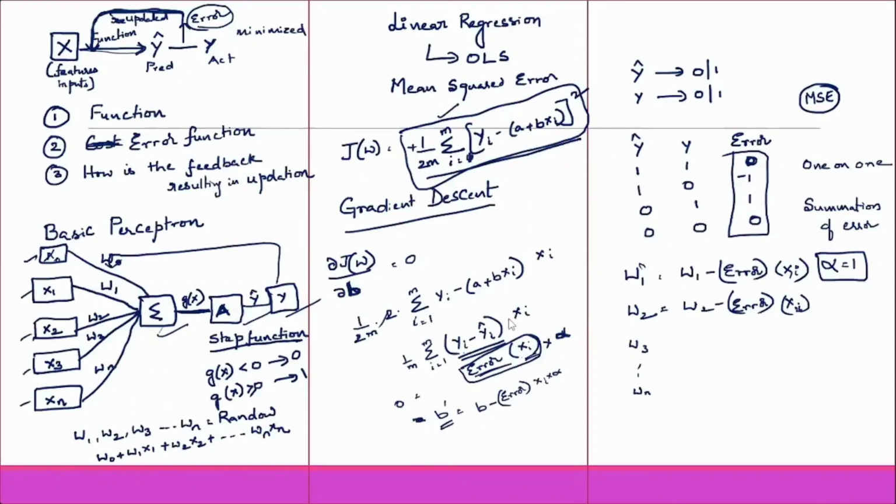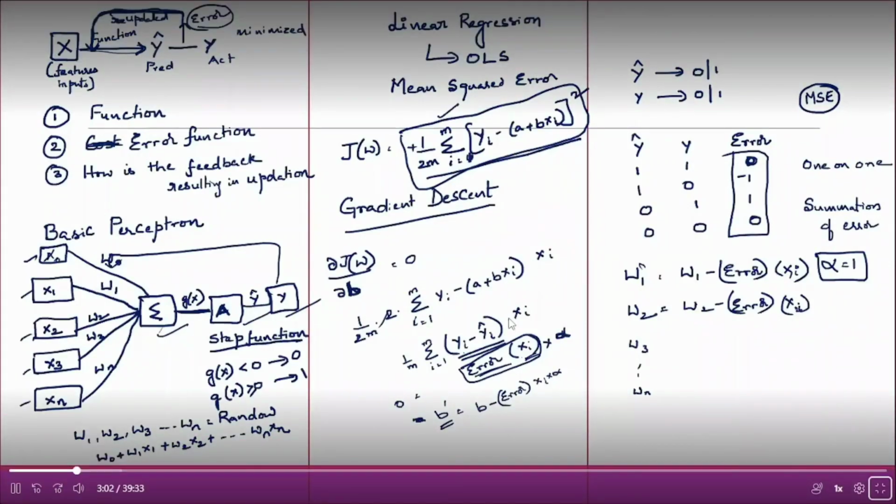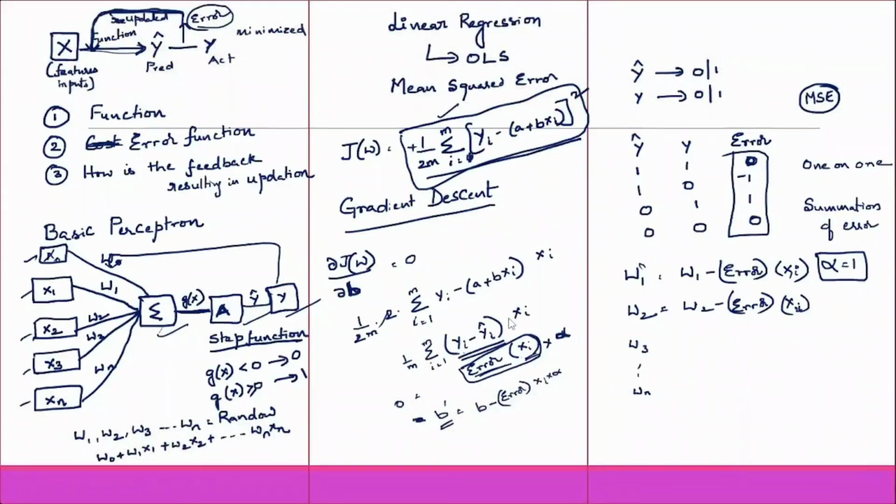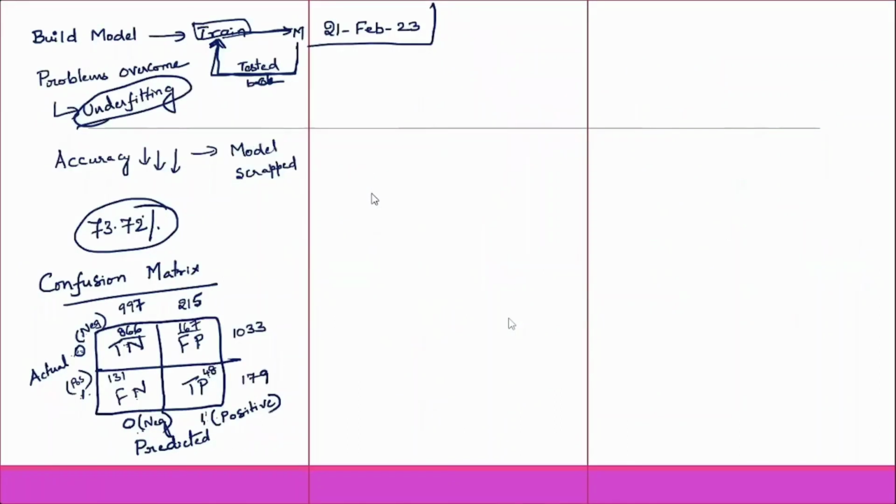We need an error function, which we will try to minimize in an iterative fashion. And finally, we also require how the feedback results in the updating of the weights or coefficients, whatever you call them. Based on that, we have looked at how this entire process typically goes, what is there in the back end, etc.